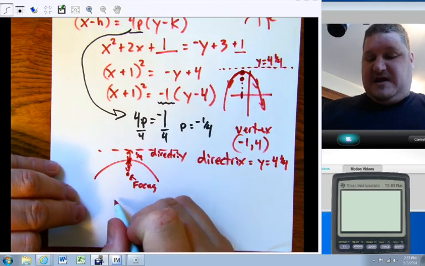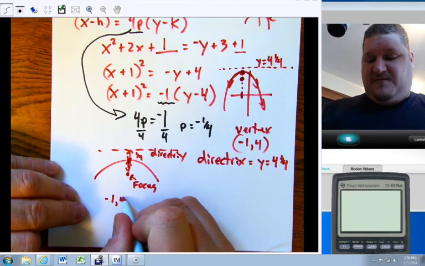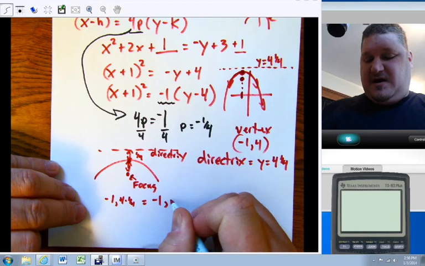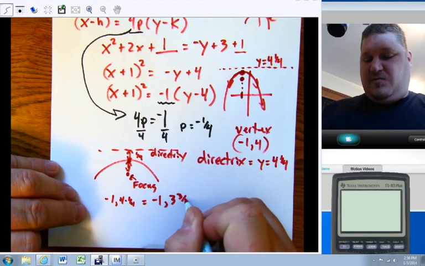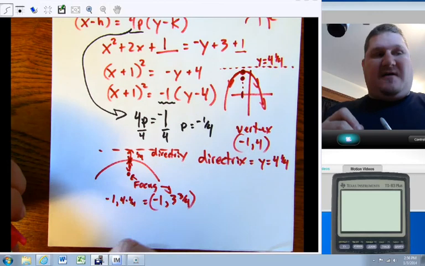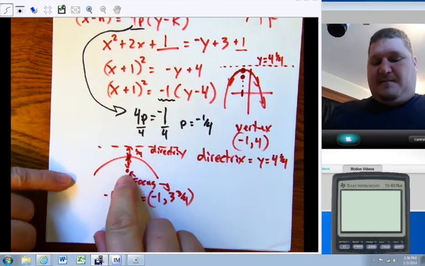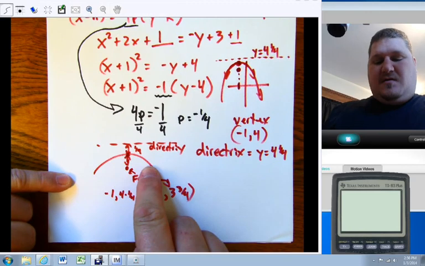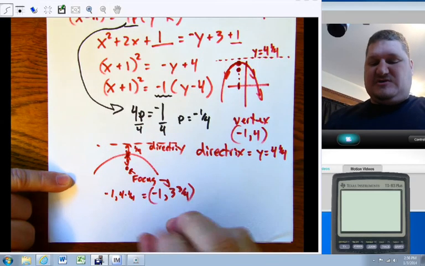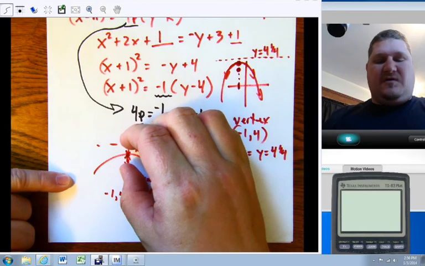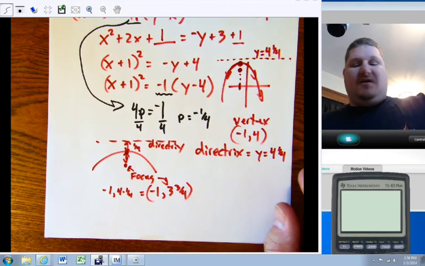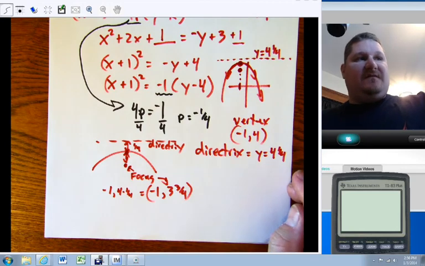So again, I would say -1, 4 minus 1/4 equals -1, 3 3/4. That's the focus. If you think about it, it's in essence a magnet drawing it in, but a wall, another bar magnet, pushing away, so you have the balance of these forces that creates this curve. We'll talk a little bit more about parabolas in the next video.